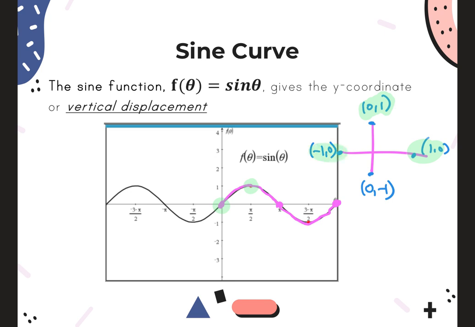At pi, now on the left, what's the sine? 0, we're back to the x-axis. At 3 pi over 2, what's the sine? Negative 1. And then if I double back around to 2 pi, what's the y, which is the sine? It's 0. So that curve comes directly from your unit circle, okay?